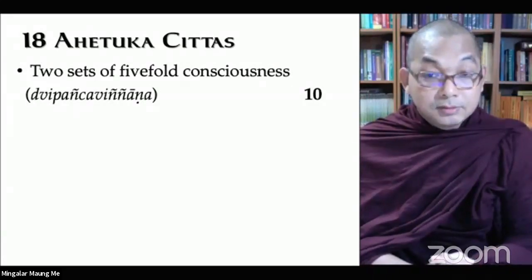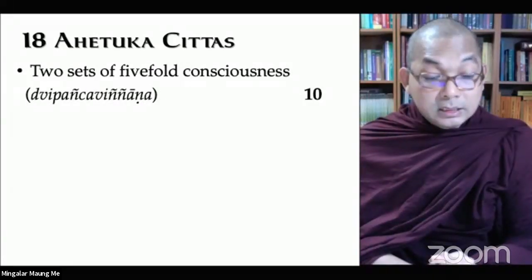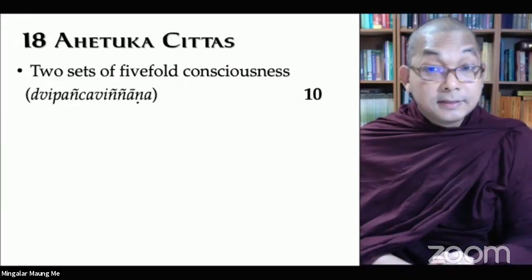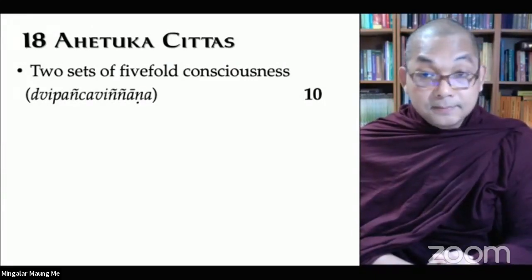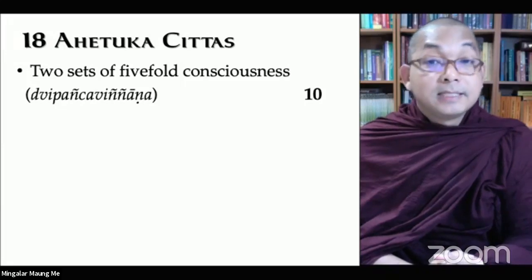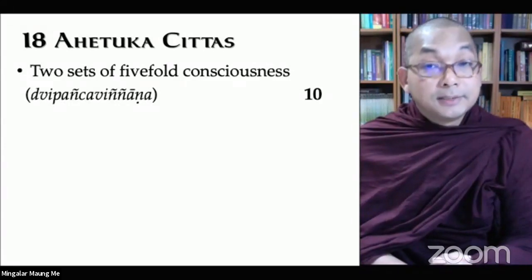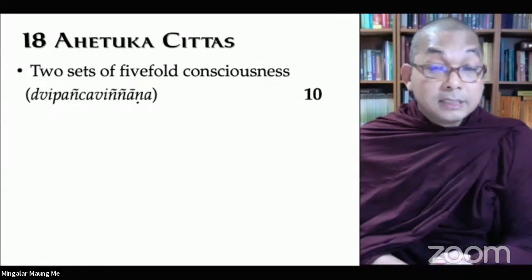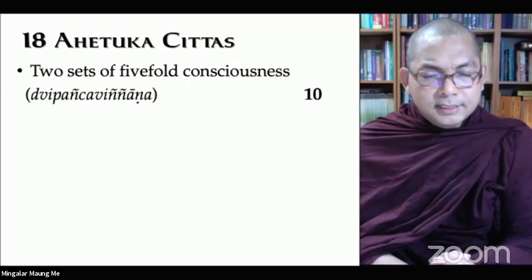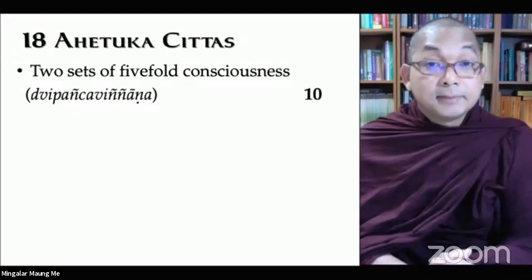Here, the first one we call Dvipancavinnana, two sets of five-fold consciousness. This is nothing but the sense consciousnesses. We have two types of eye consciousness: one arises because of akusala karma, another because of kusala karma.